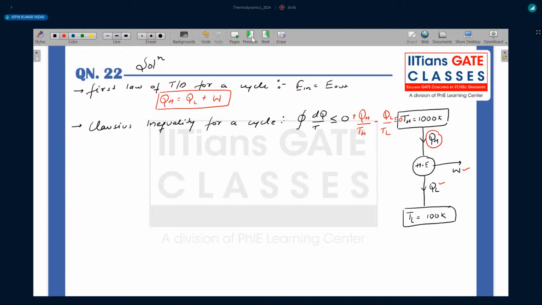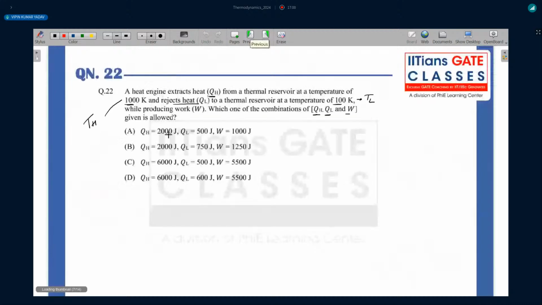Now let us see option A. QH is 2000, QL is 500, and W is 1000. Let us apply the first law. QH will be equal to QL plus W, right?